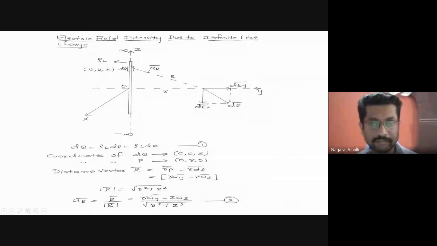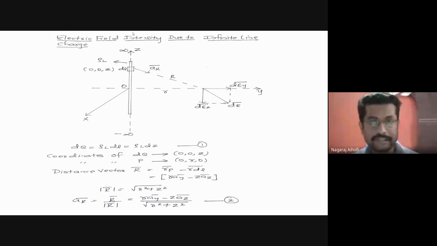The z axis varies from minus infinity to plus infinity. If you take from the ground level to the sky, it is minus infinity to plus infinity, correct? So that is the range of the z axis.